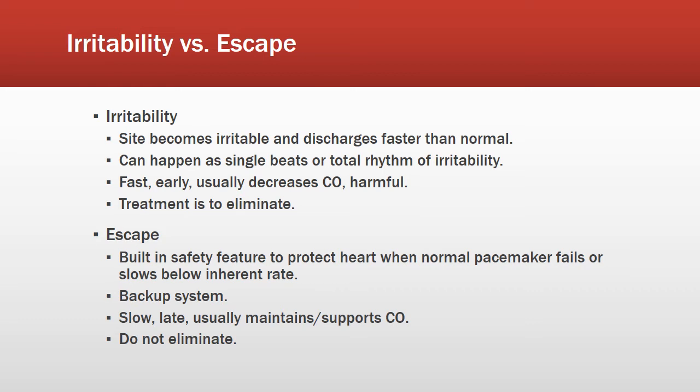Irritable rhythms are fast, they're early, they're usually decreasing our cardiac output, they're harmful, and so treatment is aimed at eliminating them. So we give stopper drugs, such as antiarrhythmics. Escape rhythms are slow, late, usually maintaining and supporting cardiac output.